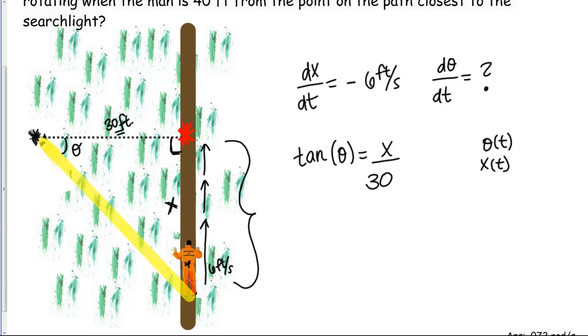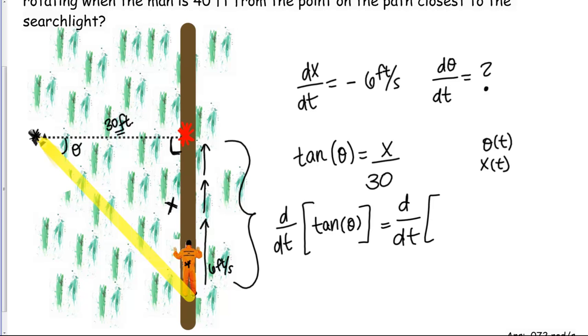So let's start on the left-hand side. I need to take the derivative of the tangent of theta. First, to remind you that we're taking the derivative with respect to time, let me write d/dt of both sides. So d/dt of tan theta equals d/dt of x over 30.